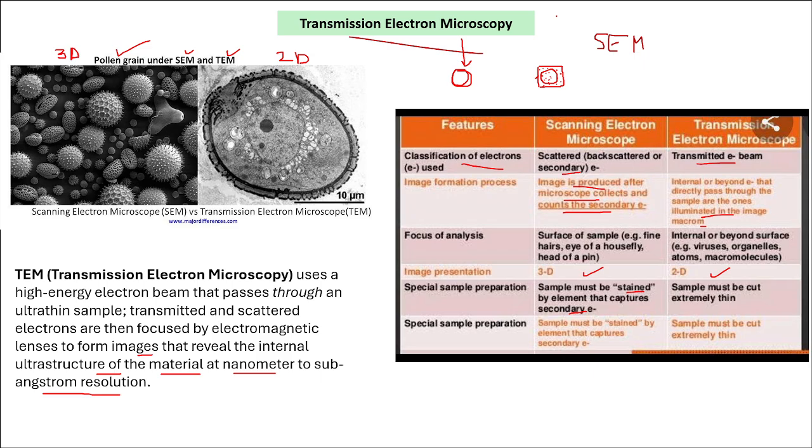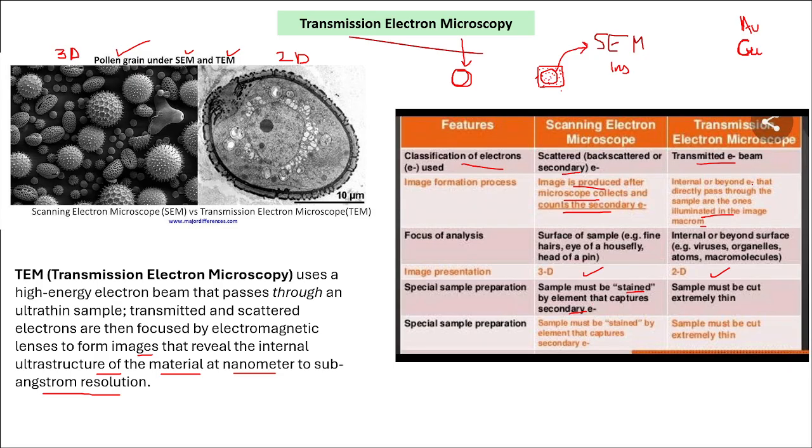It differs: at some places any conducting material is coated. It could be gold, or some sputter coaters use copper as well. Once this coating is completed, then you put it in the instrument. So you need to do that.